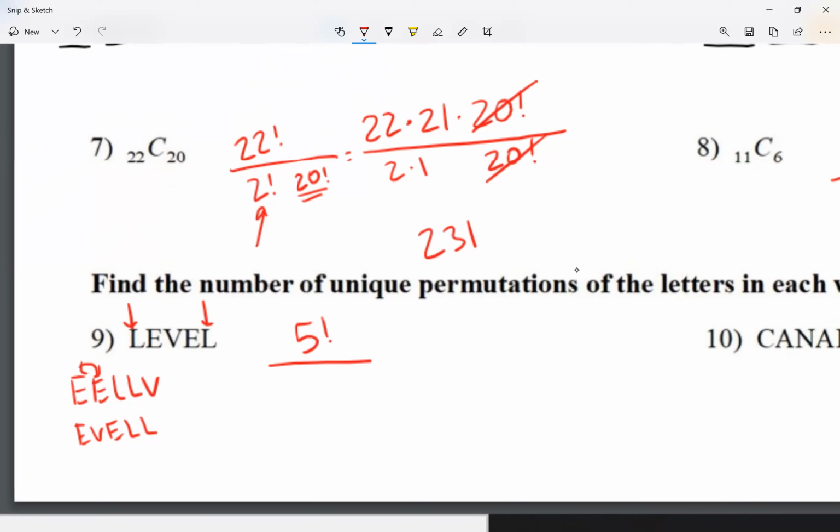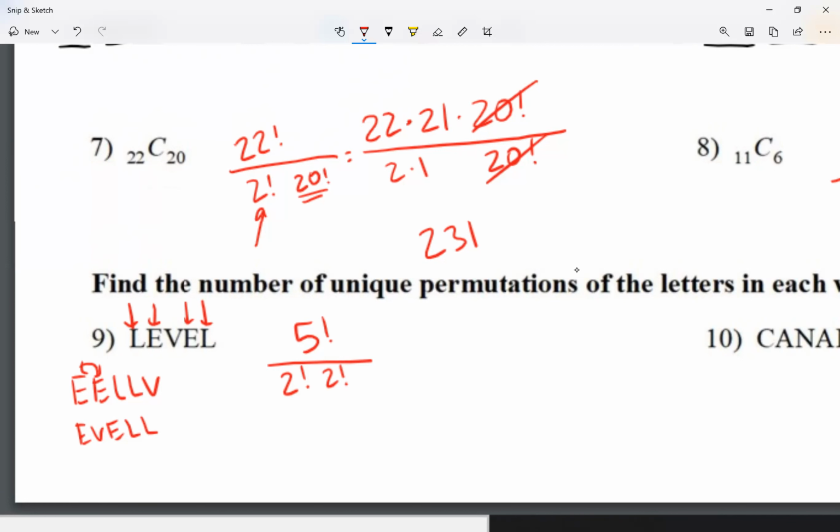Okay, so let me write 2 factorial. Are there any other letters that repeat? Yeah, the E's. Okay, how many E's do we have? 2. Right. There's 1, 2. So let me write this as 2 factorial.